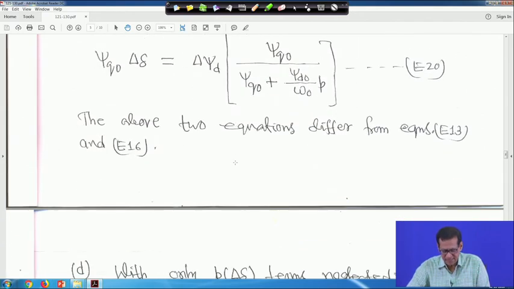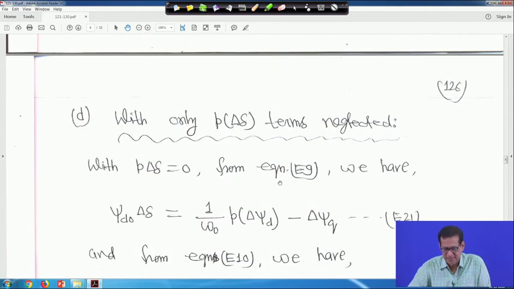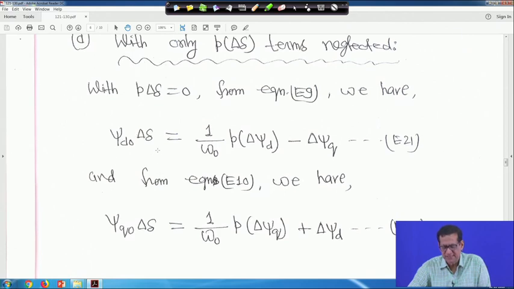So, next is with only the p delta delta terms neglected, right. With p delta delta 0, from equation E9 you put p delta delta 0, then you will have psi d 0 delta delta is equal to 1 upon omega 0 p delta psi d minus delta psi q.